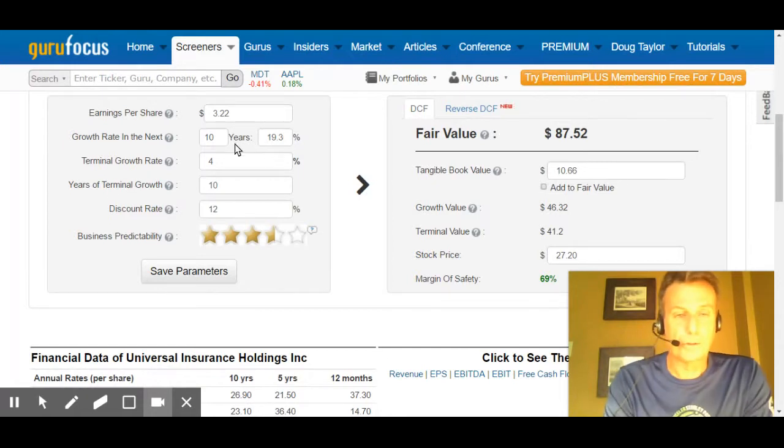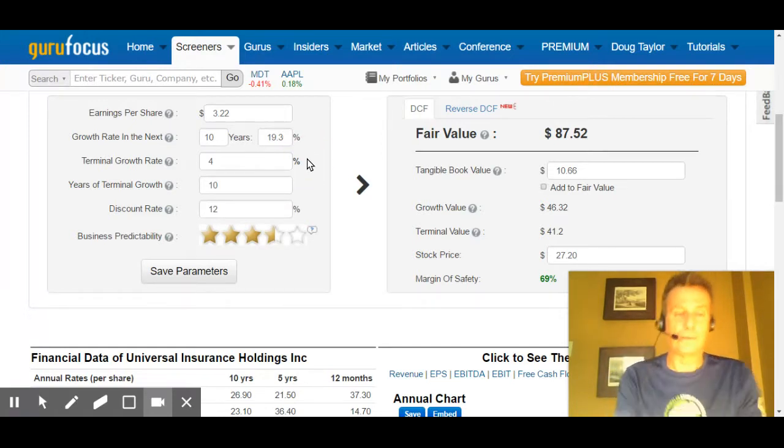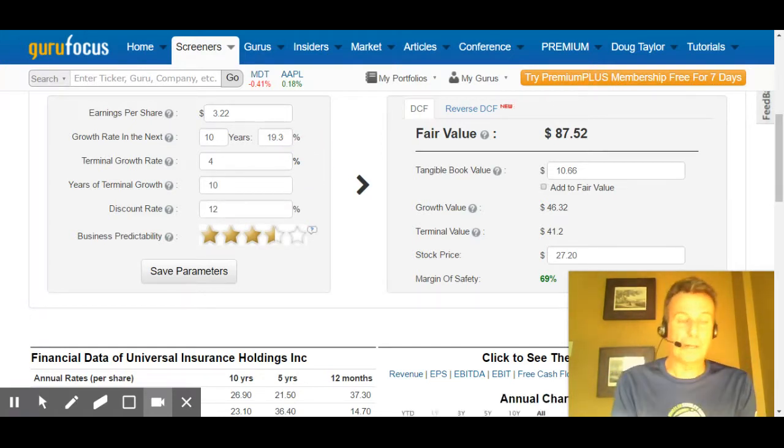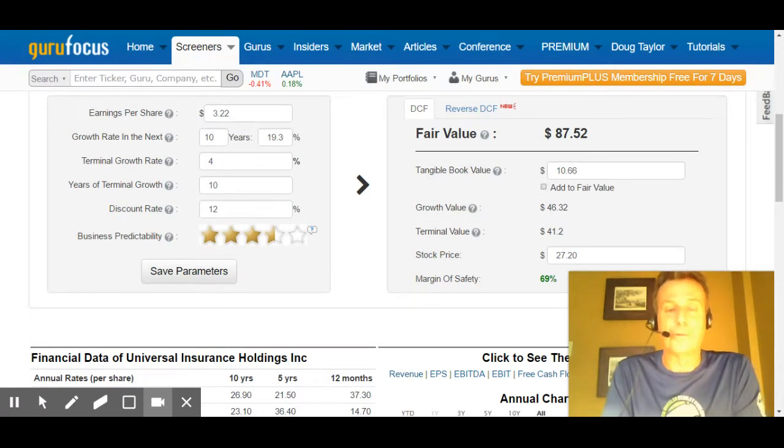So it actually has 19.3 for the growth rate for the next 10 years, and then running out for 10 more years, it says 4% growth rate, for the amount of years for terminal growth rate, and then it's got a discount rate of 12%, which is what Guru Focus has averaged as returns from the market over a long period of time.